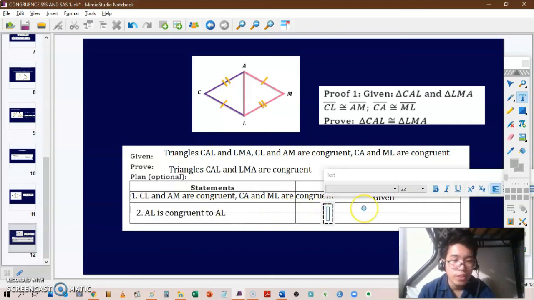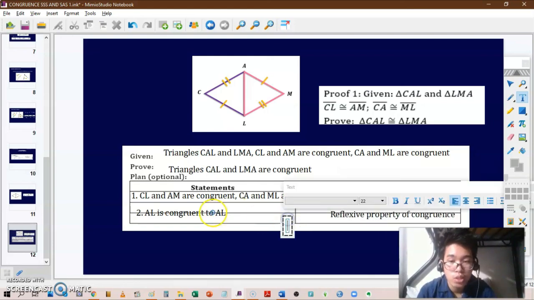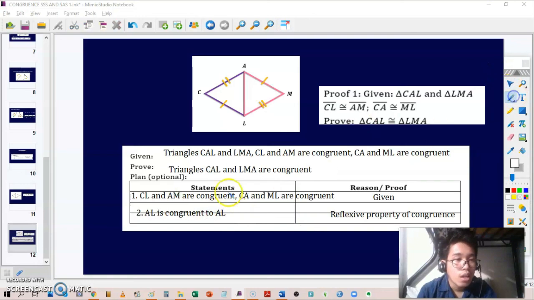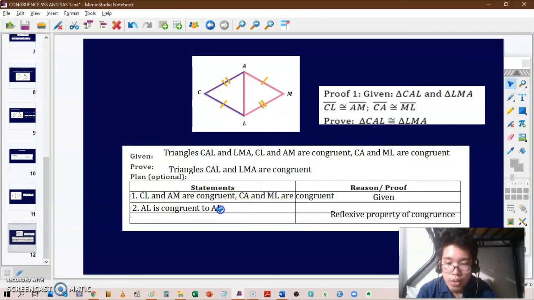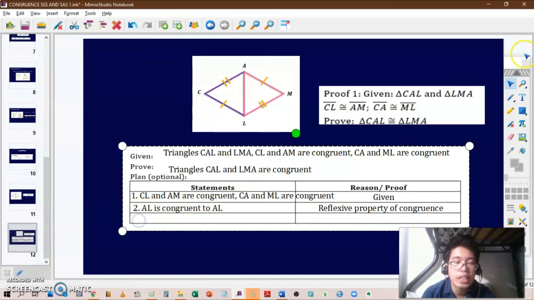So what's the reason for that? That's the reflexive property. If you remember from our review, the reflexive property of congruence or the reflexive property of equality, both of those work. So AL is congruent to AL by the reflexive property of congruence. And lastly, we have the last statement.